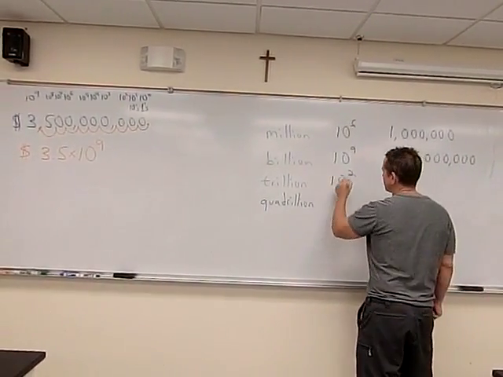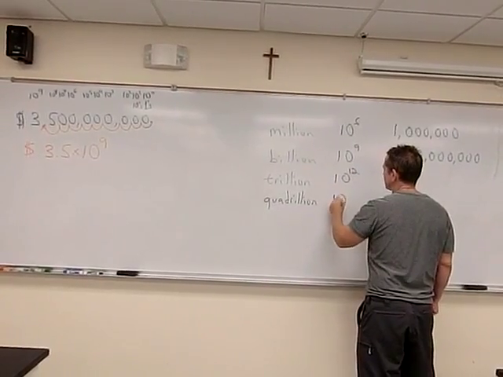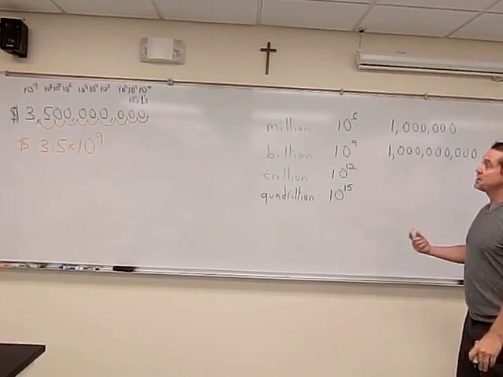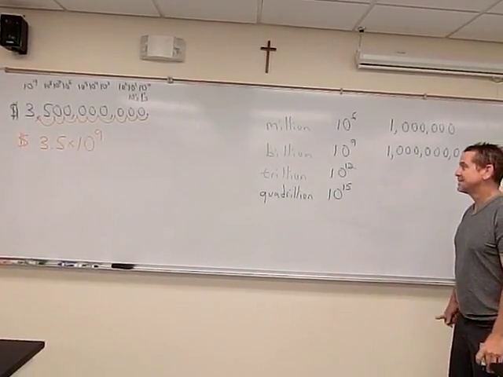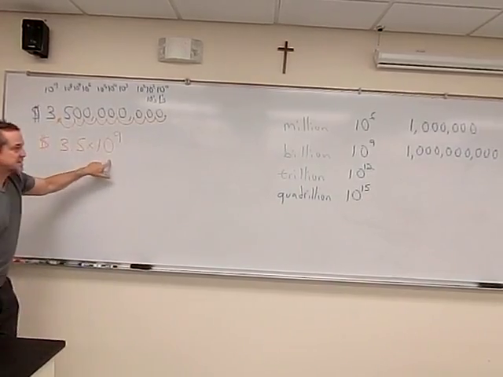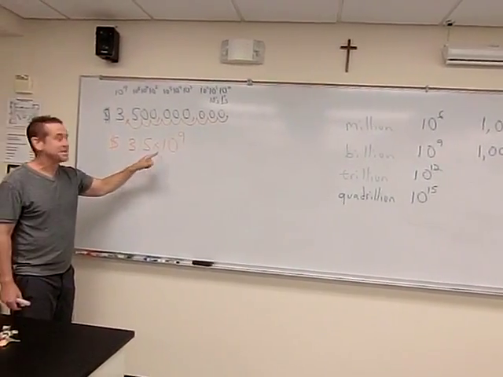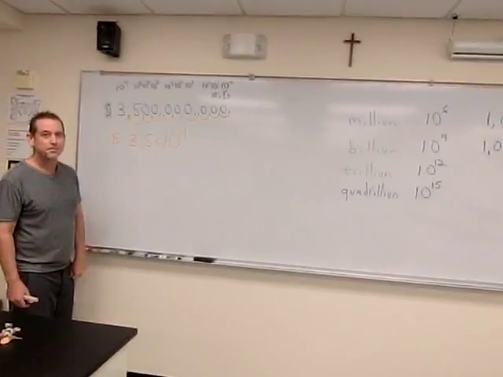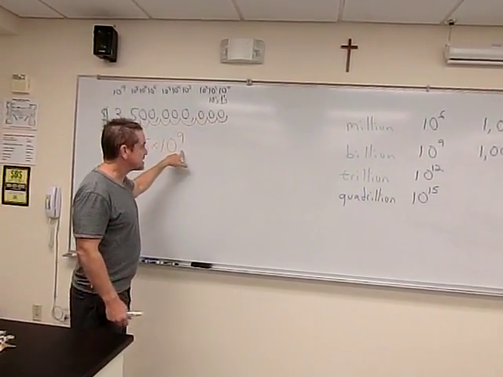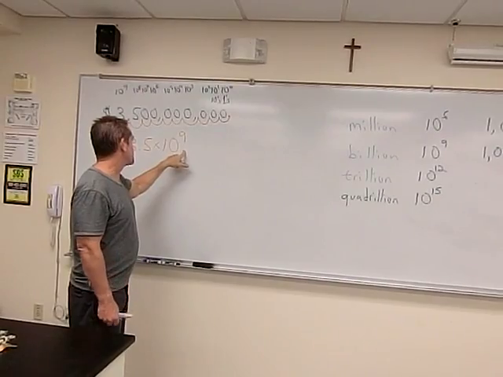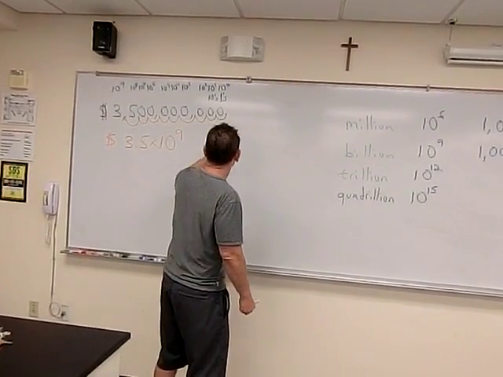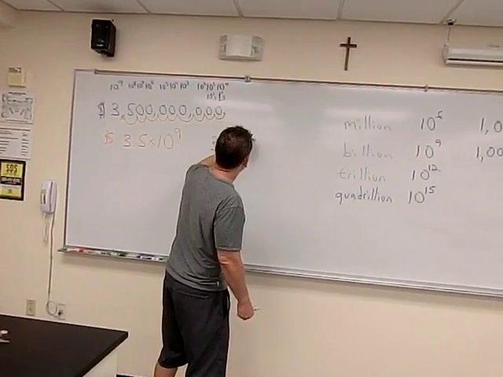And a quadrillion is 10 to the 15th. Okay? So if you're dealing with really large numbers, it's easier to write it as 3.5 times 10 to the ninth than it is to write all those zeros out. Okay? And if we look over here, 10 to the ninth means a billion. So this 3.5 times 10 to the ninth is just a way of saying 3.5 billion.